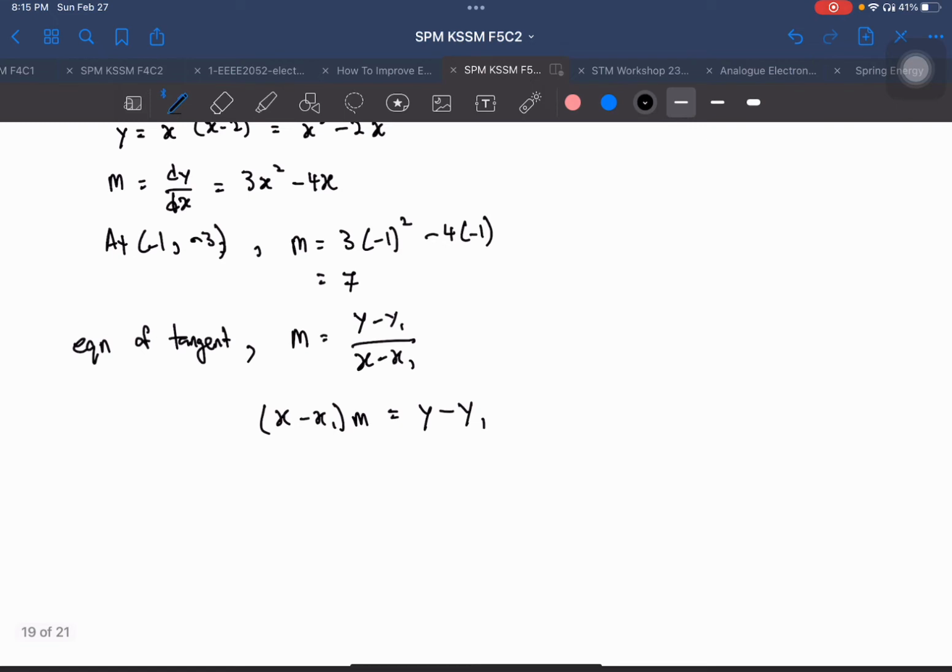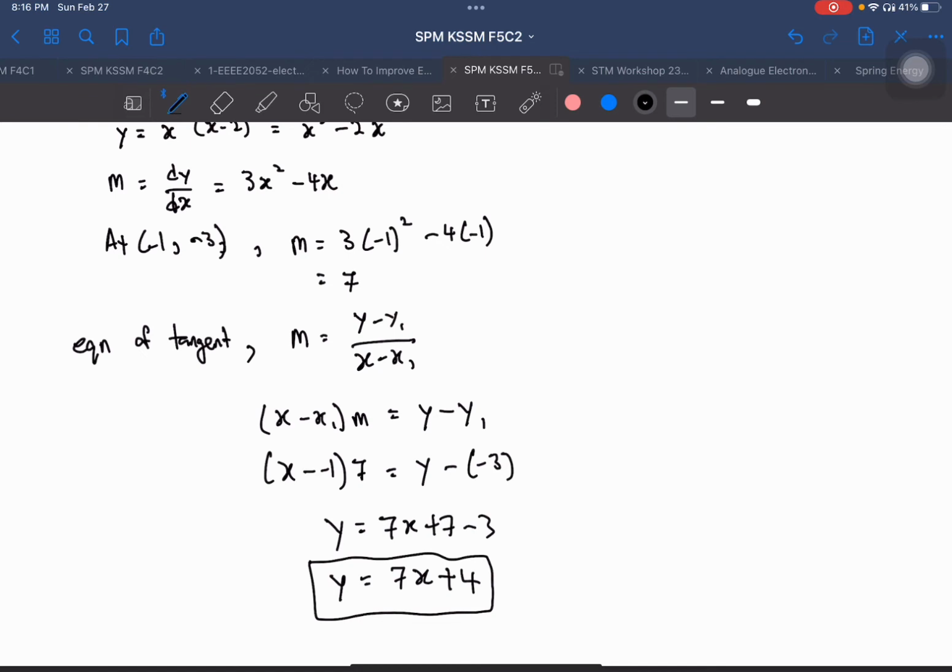So m is 7, x1 is negative 1, it is given here, and y1 is negative 3. Rearranging, you get y equals 7x plus 4.